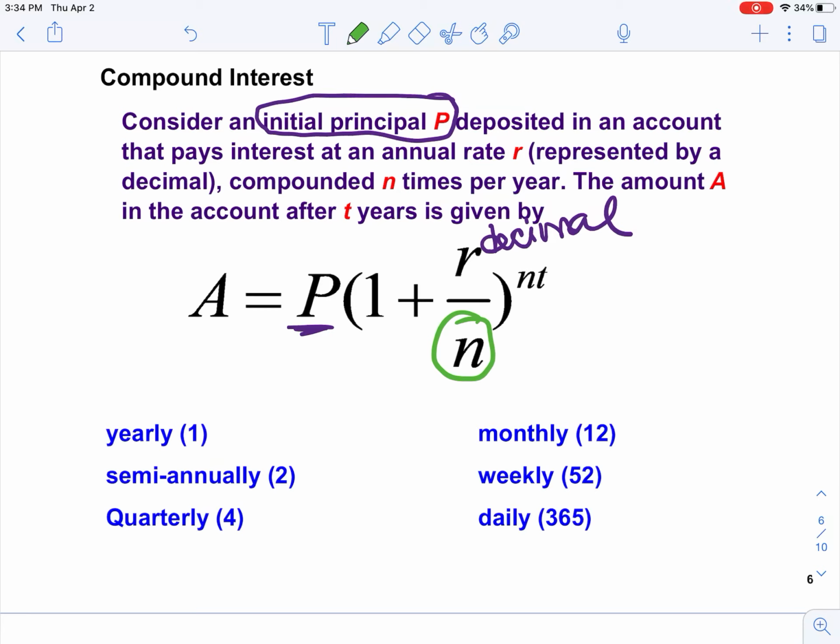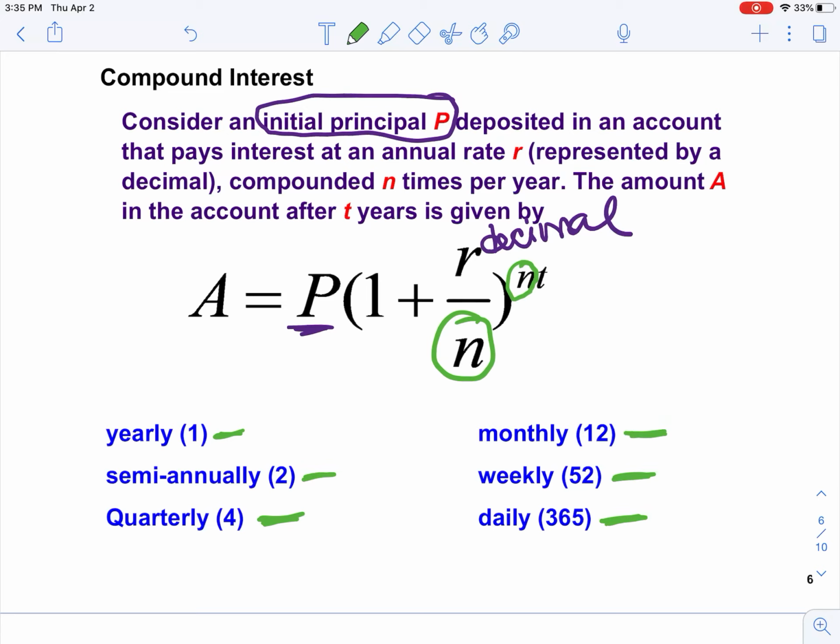This one means it could be compounded once a year, so I'd put a 1 there. It could be compounded semi-annually, so I would put a 2 there. Quarterly, 4 quarters in a dollar, that would be a 4. Monthly would be 12. Weekly, 52. And daily, 365. Now what you should notice is that the N is located in 2 spots.